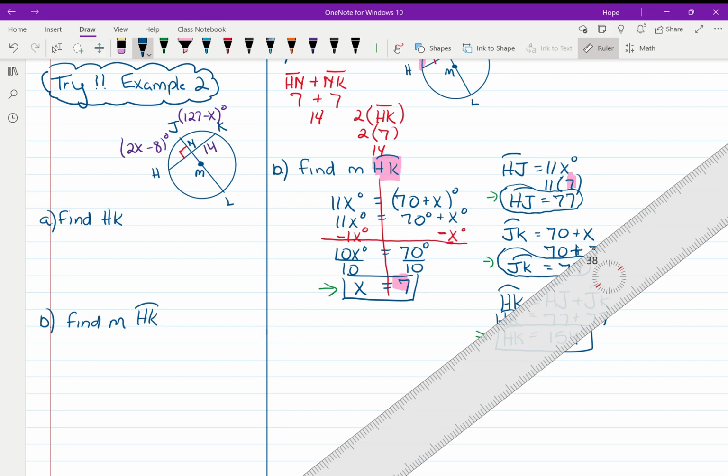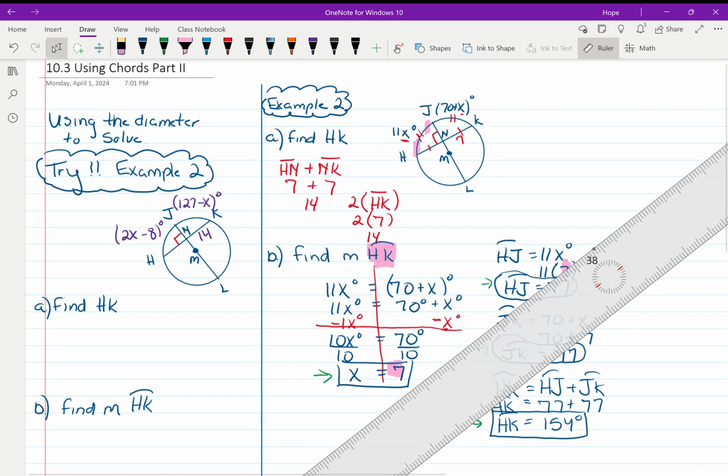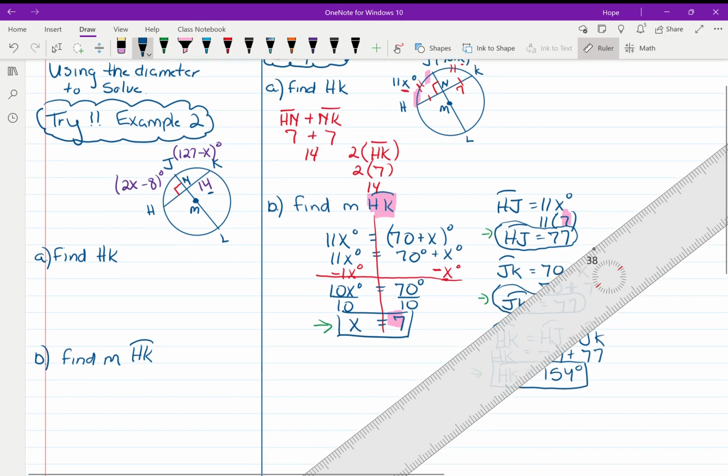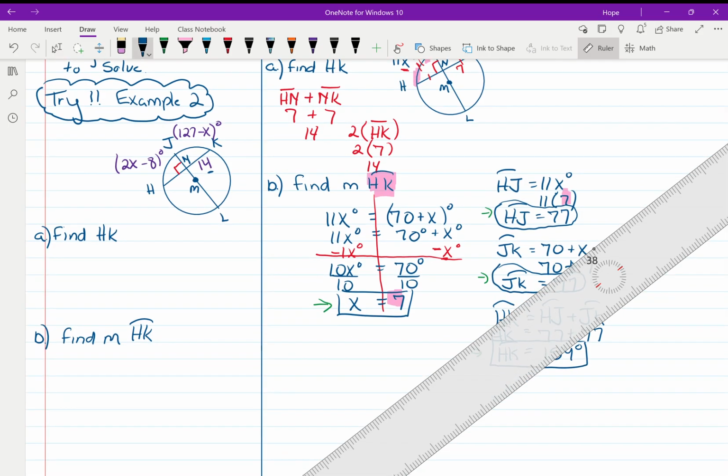All right, so you're going to find HK, just like this. To give you a hint, you're going to use 14 in there. And then you're going to do B exactly like this, and you're going to set them equal to each other. So that's your hint for that one.